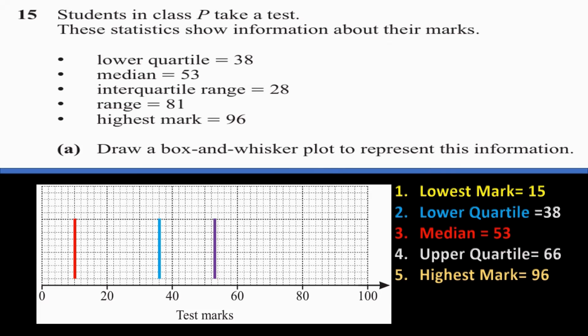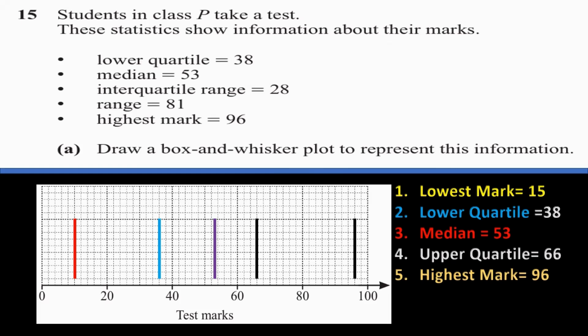Then the upper quartile, 66. We draw the line exactly on 66. And finally, we need a line to represent the highest mark, which is 96. We draw that line. All the five items have been well represented now.